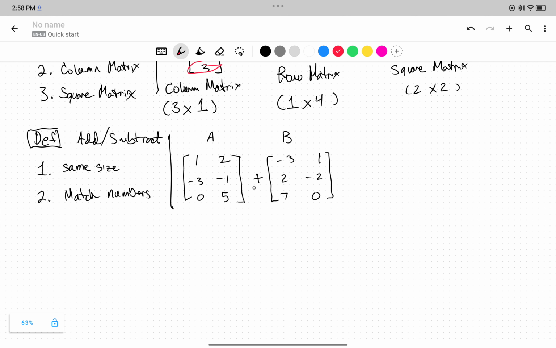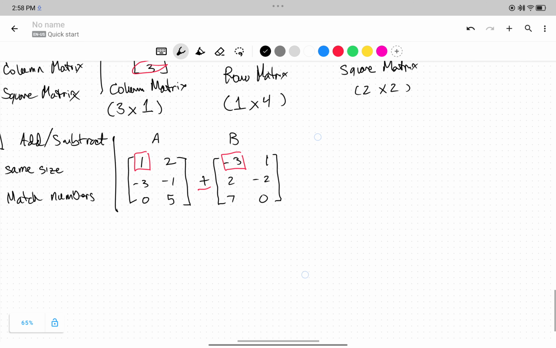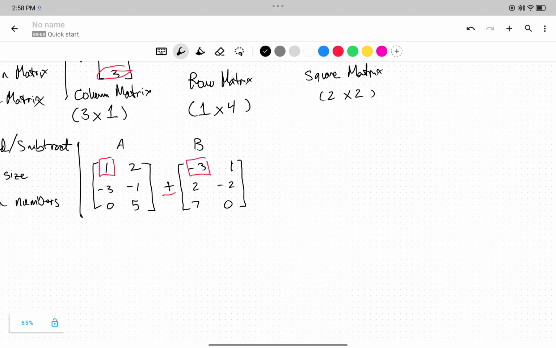Since we're adding, this guy here matches up with this guy here, so those are the ones you add to get the first answer. That is a negative 2. Then the next one matches up with that one: 2 plus 1 is 3.